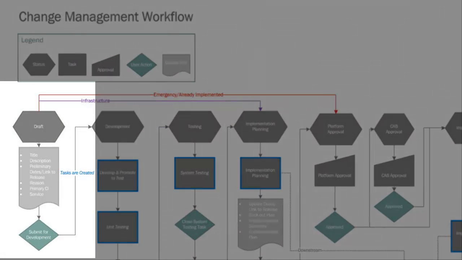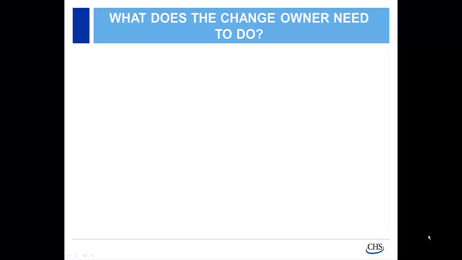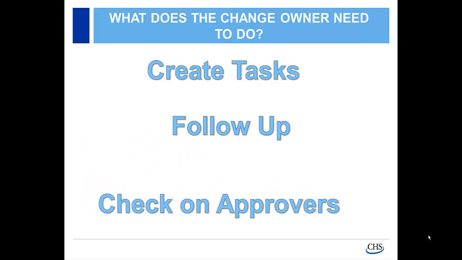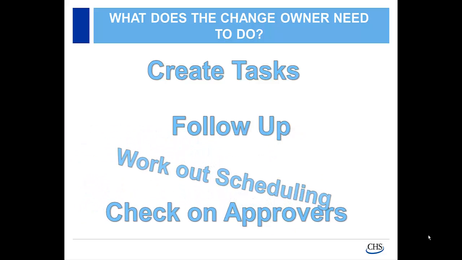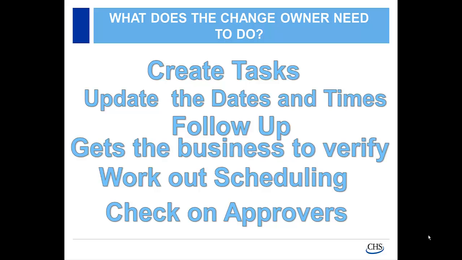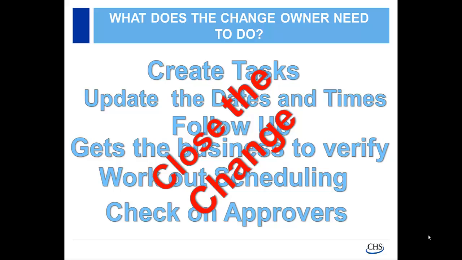Next up, we will do a deeper dive into the change management workflow in the draft stage and how it works in Cherwell iTicket. What does a change owner have to do? The change owner does follow-up of the change as it progresses through, creates some of the tasks in the change, checks on approvers to make sure that they have approved work, works on the schedule, updates dates and times, gets the business to verify in the end stages, and finally closes out the change and makes sure that it's all well documented.